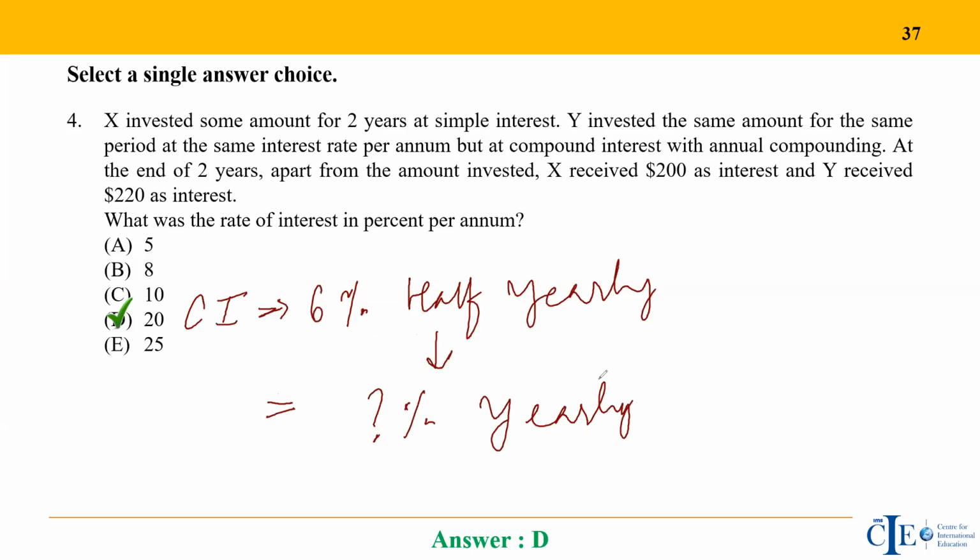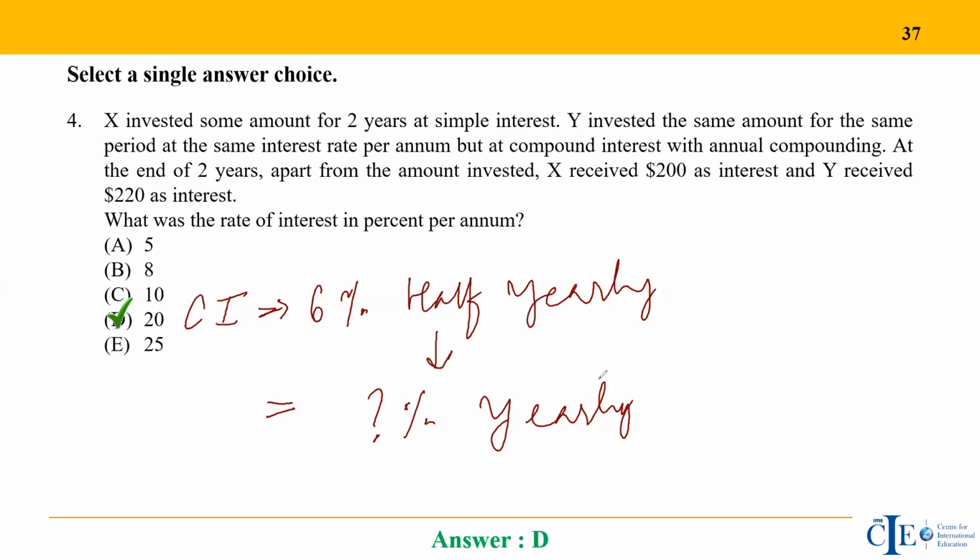Is the question clear? On the same principal value, if you charge at 6% half yearly, you earn a certain interest at the end of it. If you need to earn the same interest on a yearly basis, what should be the rate of interest?